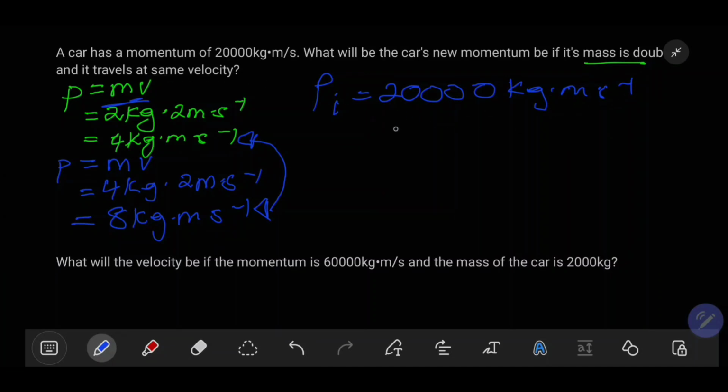So if we double the mass, our new momentum, which is what the question is looking for, will be 40,000 kg meters per second, because if we double the mass and keep the velocity the same, then the momentum should also be doubled.